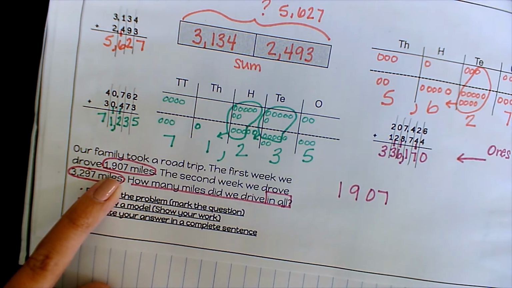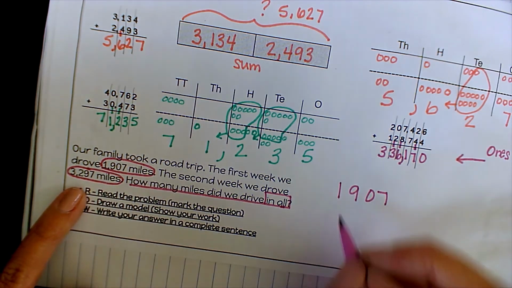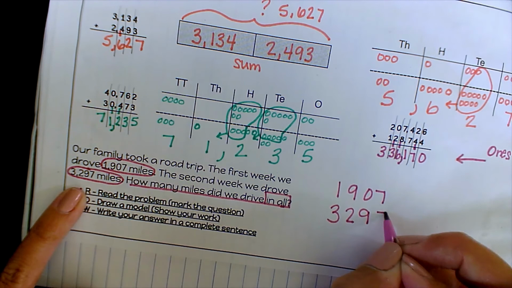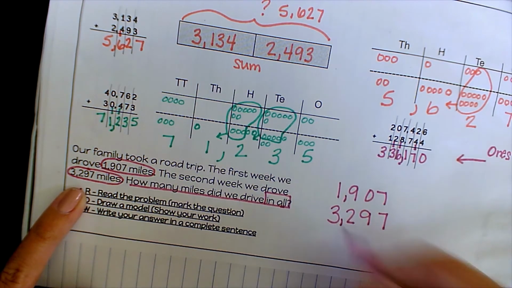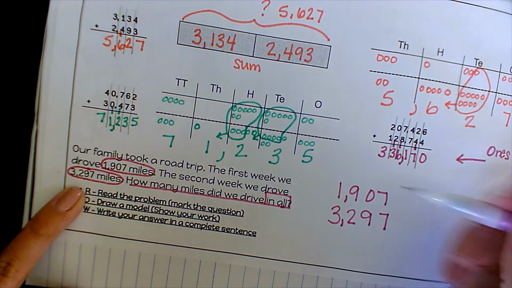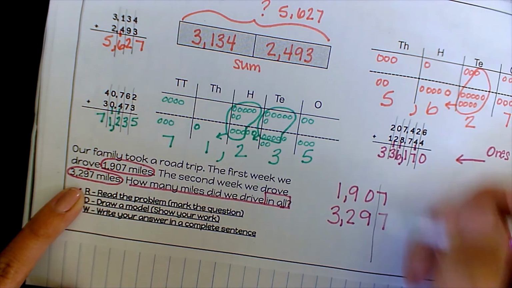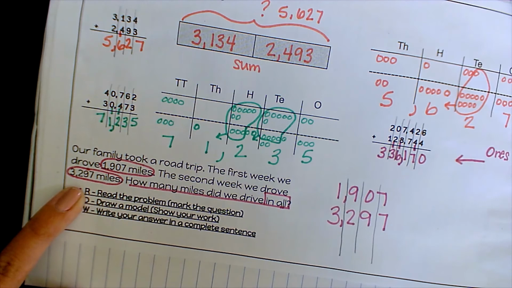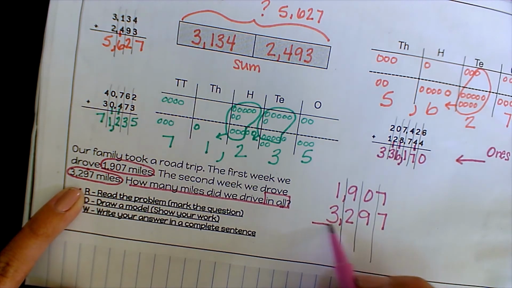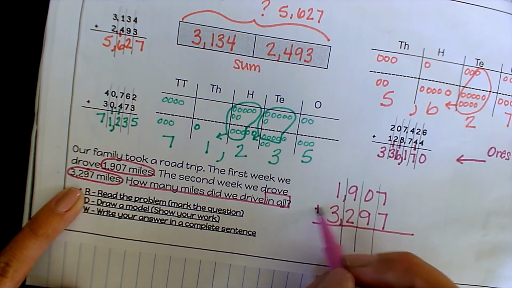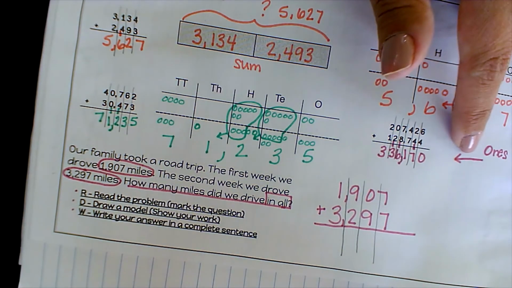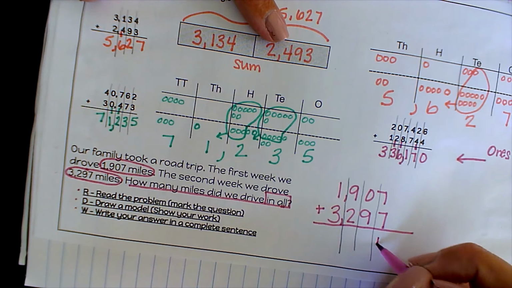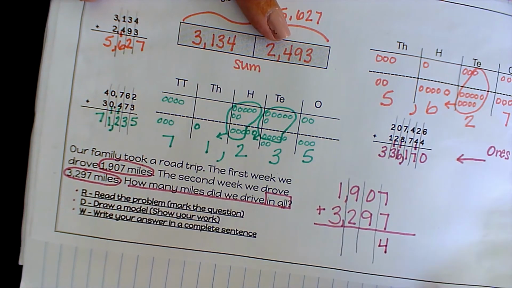I'm going to write 1,907. Notice how I wrote it with some space in between our digits. And 3,297. I'm going to take my pencil and I'm going to draw my place value lines so I get nice and lined up. And we will be ready to add. I start in my ones. 7 plus 7 is 14. So that means my 4 gets to stay in my ones.